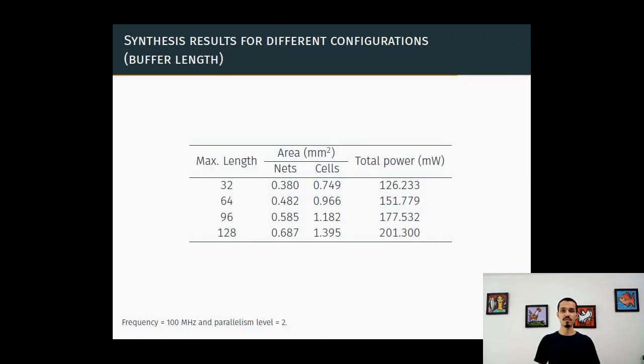When the length of the buffer is increased, we will obviously see an increase in power and area measurements, but not as much as when we increase the parallelism level. So we may conclude that a greater parallelism level consumes more resources than a greater buffer length.